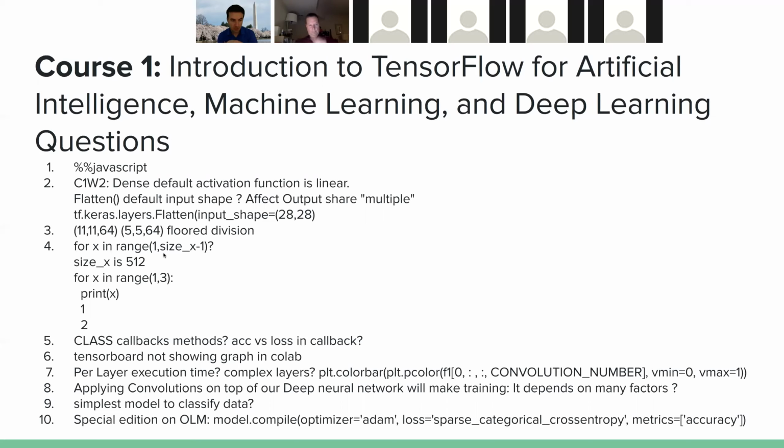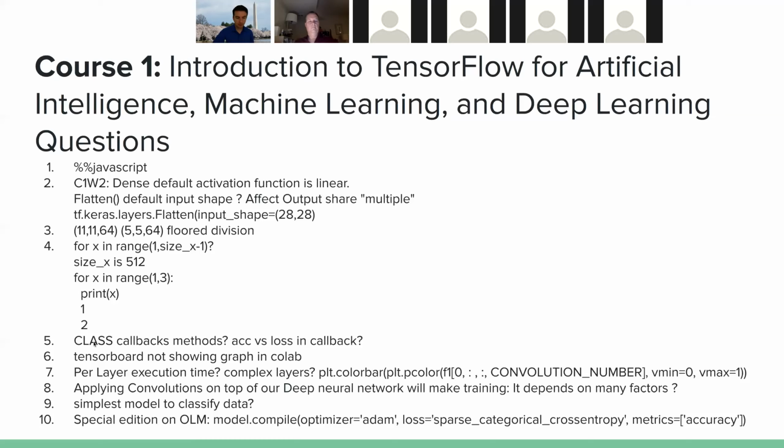Then one of the exercises when you did the manual convolution had something like range 1 to size -1. I was playing around with it, and if you do range from 1 to 3 in Python, you get numbers 1 and 2. So it looks like here you're actually going 2 pixels down instead of just 1, and I wasn't able to figure that out.